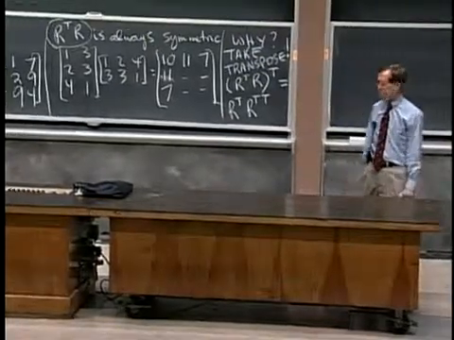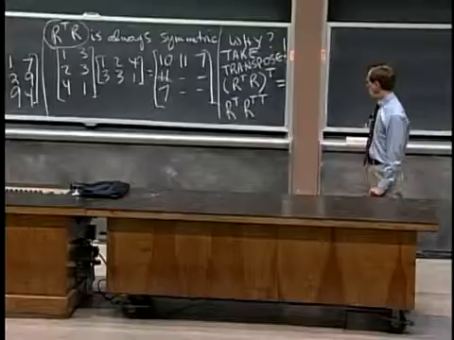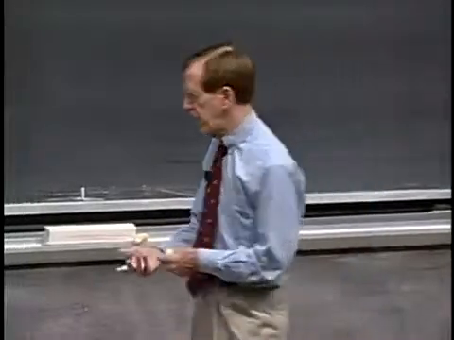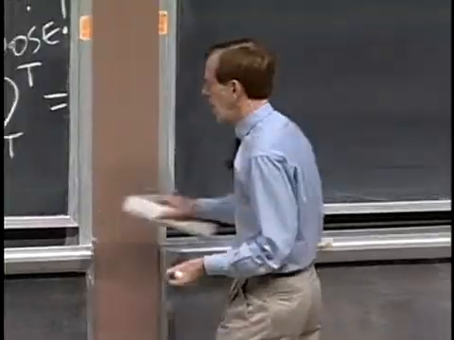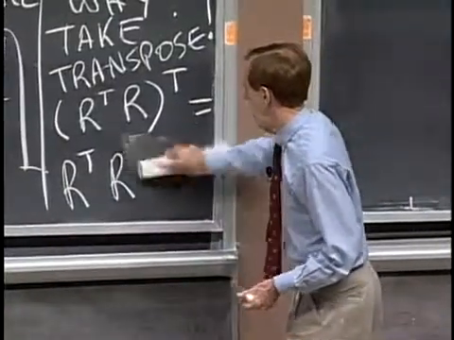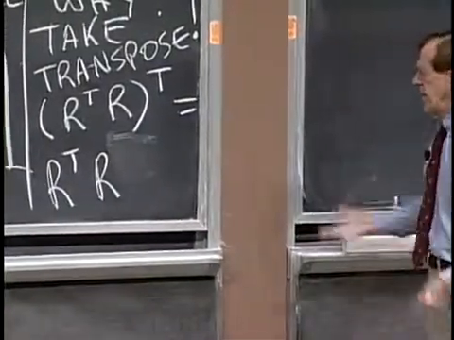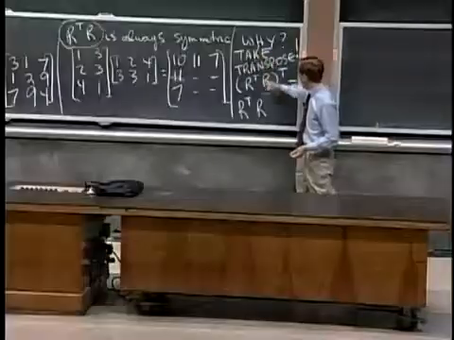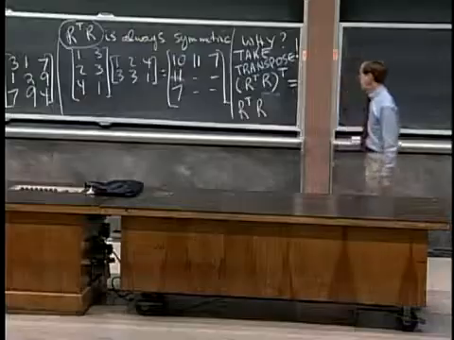Well, don't all speak at once. R transpose transpose. I've flipped over the diagonal, and I flipped over the diagonal again. So I've got R. And that's just my point: if I started with this matrix, I transposed it, I got it back again.